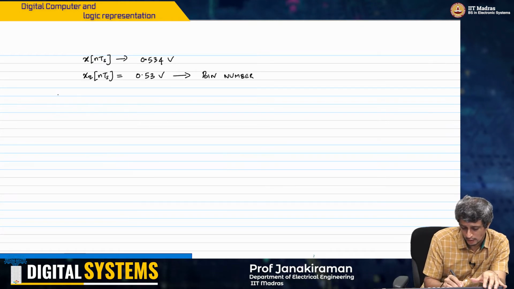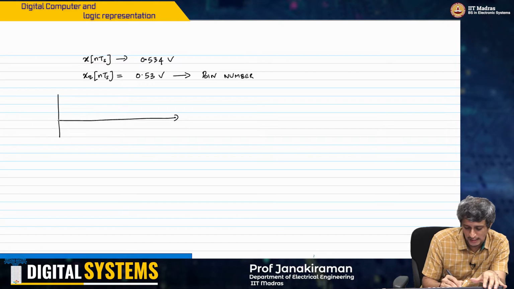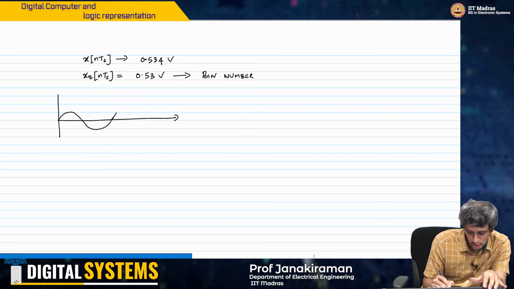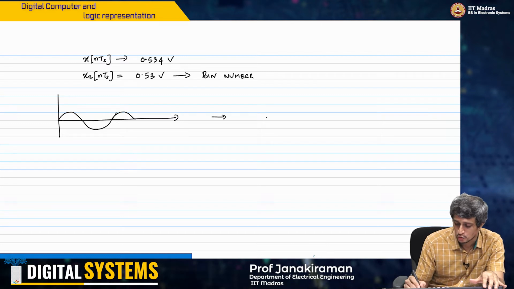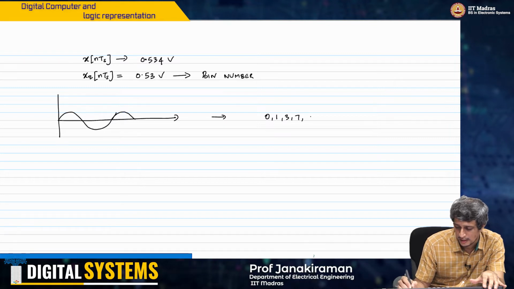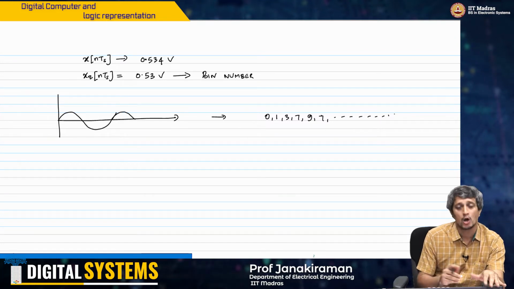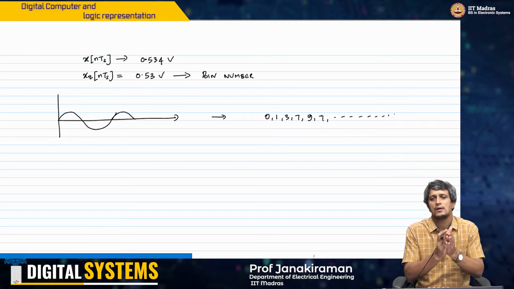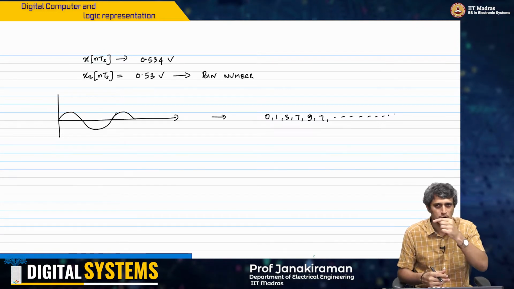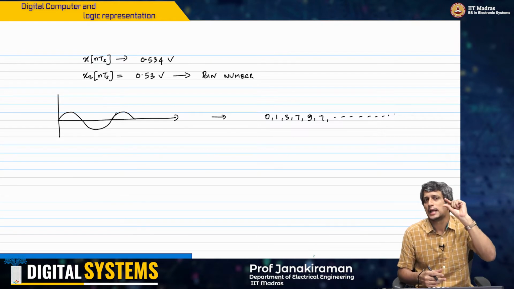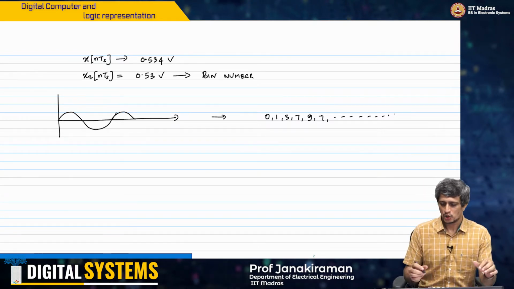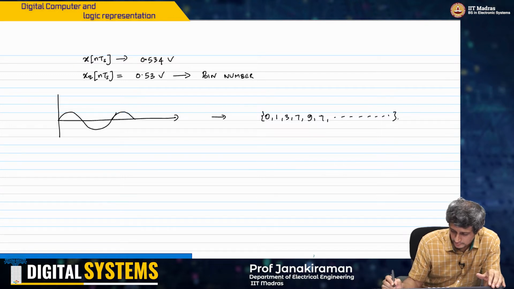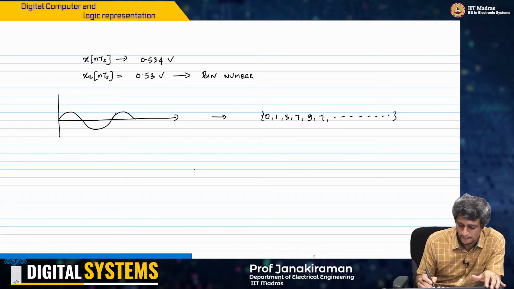So what we were able to do was to take this time signal and convert it to a sequence of integers, 0, 1, 3, 7, 9, back to 7, something like this, depending on how fast you are sampling and what the quantized value for each of those amplitude values was. Now you can take this integer and convert it to a binary number.